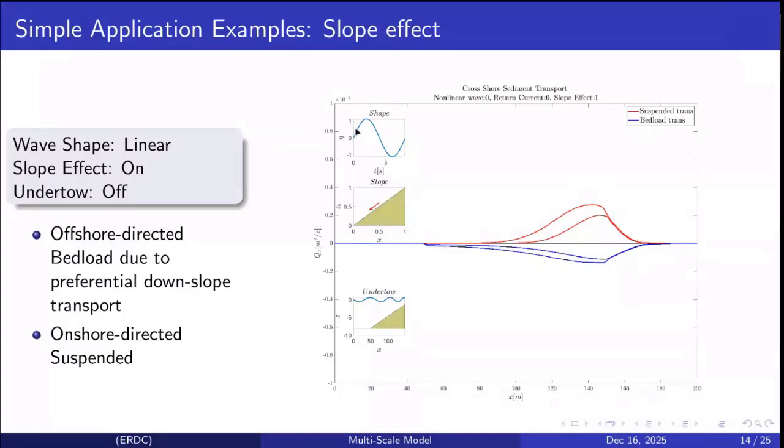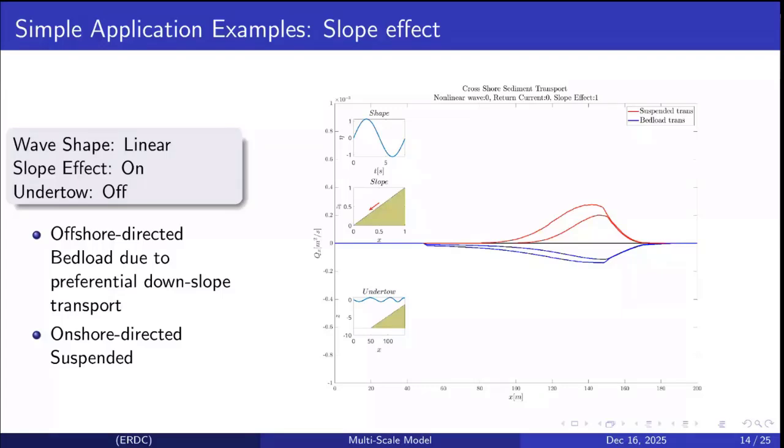Now we turn to having a linear wave shape, the bed slope turned on, and the undertow turned off. So you get a suspended load that's actually very similar to what you got before. You're still getting an onshore transport of the suspended load, and that should be obvious in hindsight, because the bed slope doesn't play any role in how we're computing the suspended part of the transport.